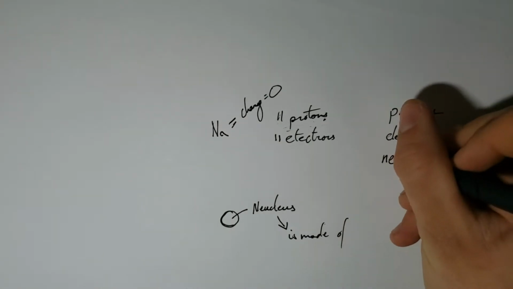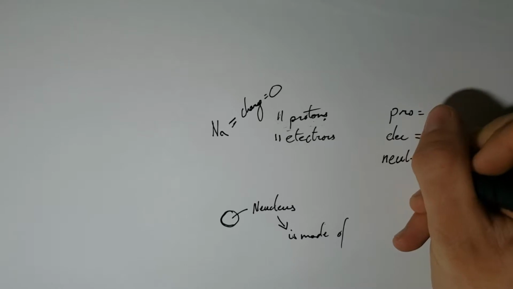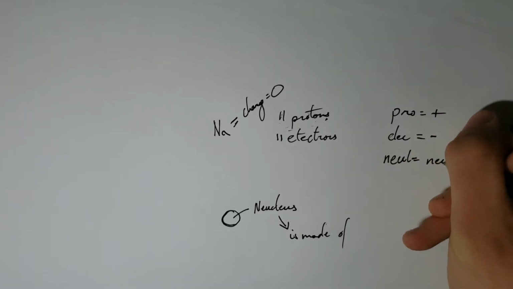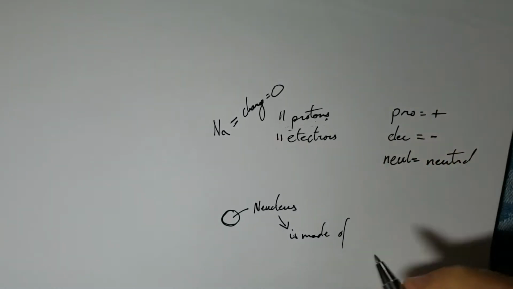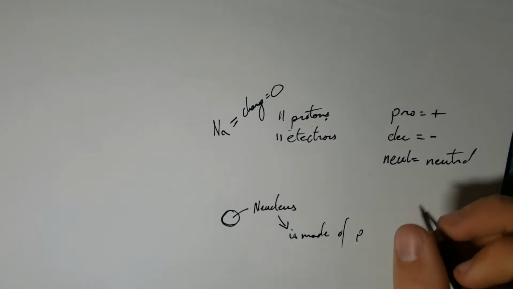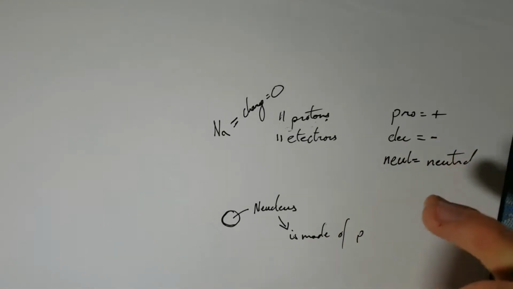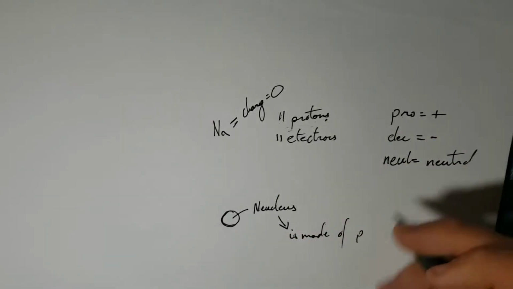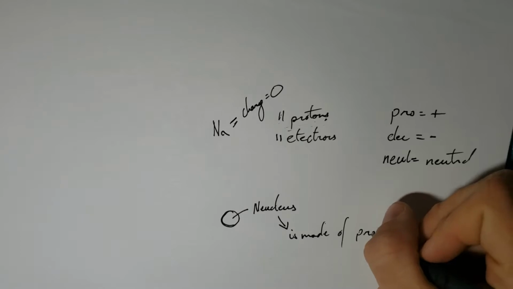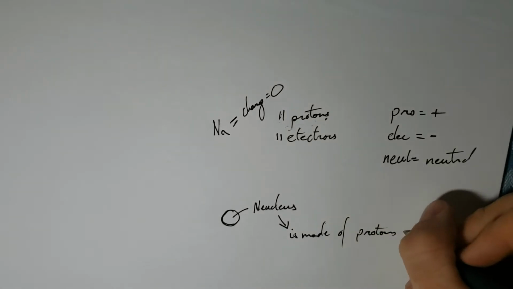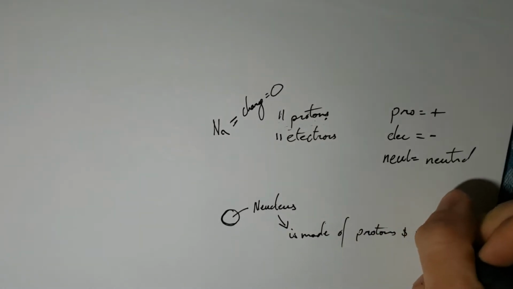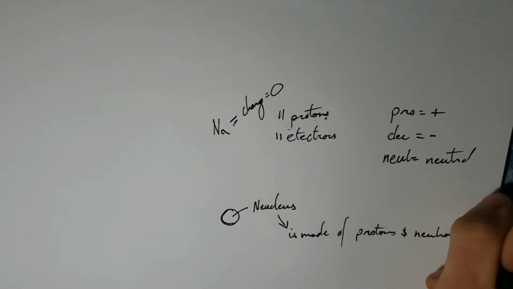We haven't discussed neutrons yet, so I'll write it down. A neutron is a neutrally charged particle. That means it has no charge. It's not positive and it's not negative. So we'll write that it's made of protons and neutrons.